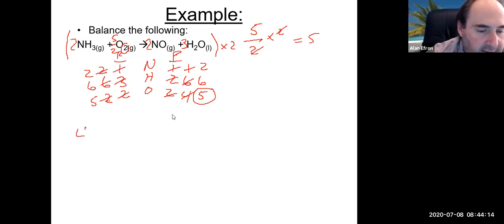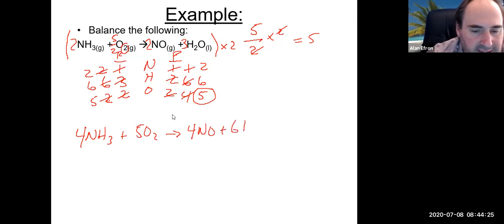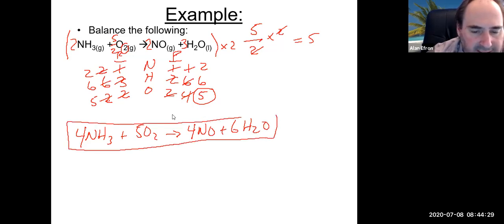And if we do that, that will give us 4NH3 plus 5O2 gives us 4NO plus 6H2O. And again, if we didn't mess anything up along the way, this should still be balanced.